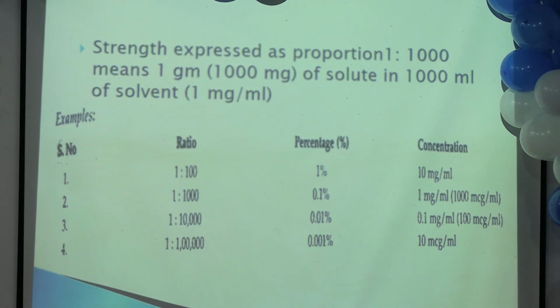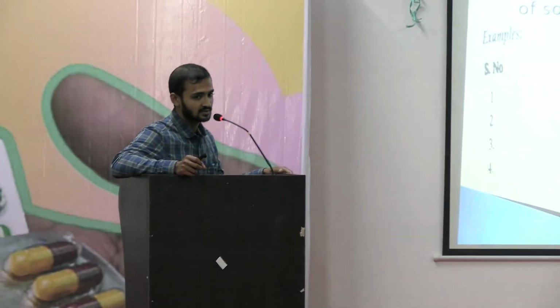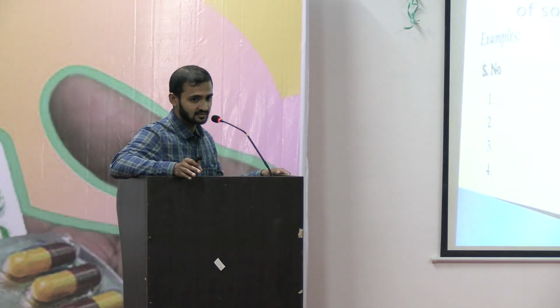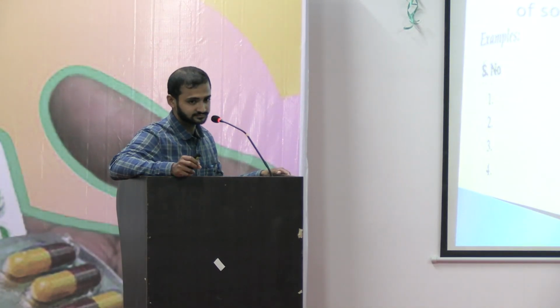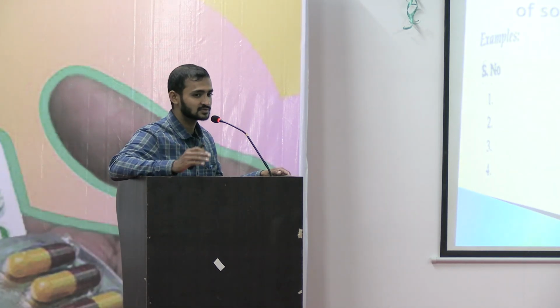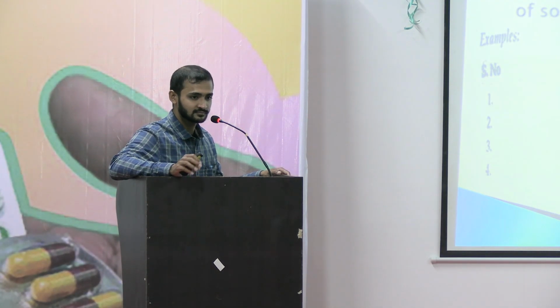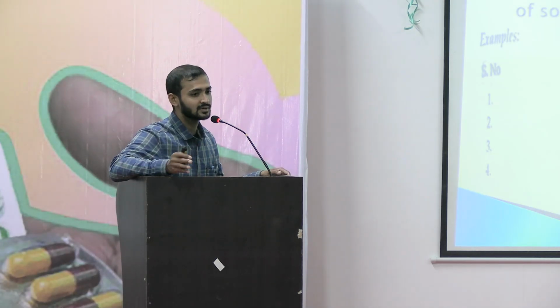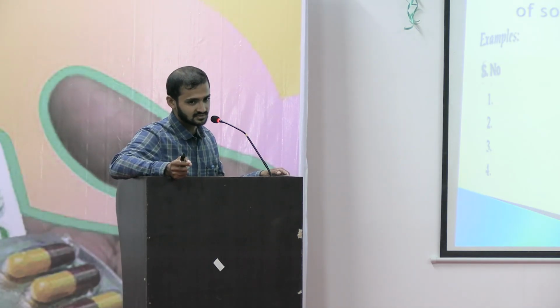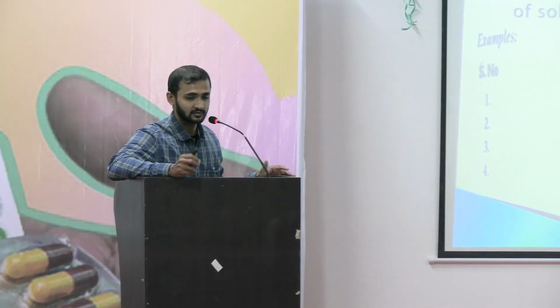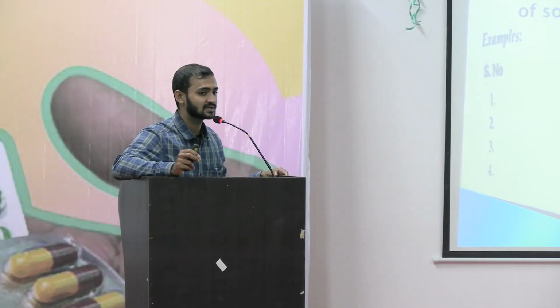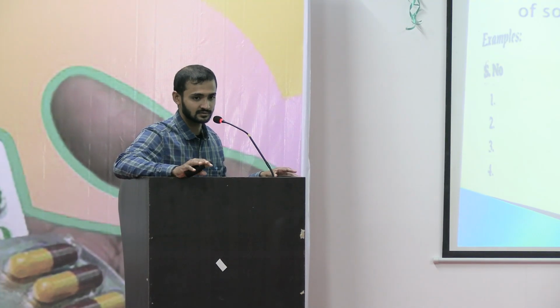If you divide it, what comes? 10 milligram. Now what does 2% mean? Simply 2000 milligram is dissolved in 100 ml of solvent. So if you divide it, it comes to 20 milligram per ml, which means in each ml it contains 20 milligram of the drug.